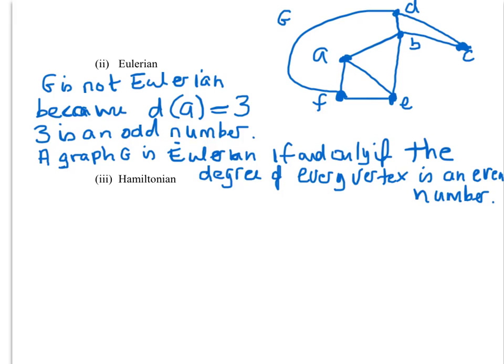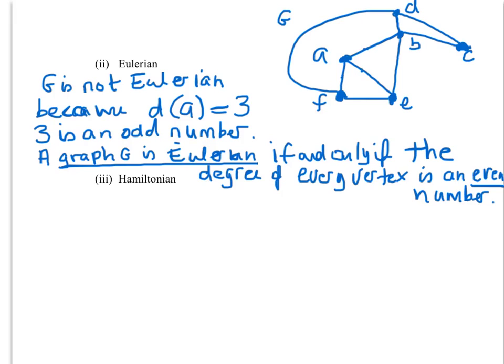So a graph is Eulerian if and only if the degree of every vertex of the graph G is an even number. So in this case here, graph G, the degree of A is 3, because remember the degree is the number of edges coming out from A. So it's 1, 2, 3. So the degree of A is 3. That's an odd number, so obviously then it's not Eulerian.